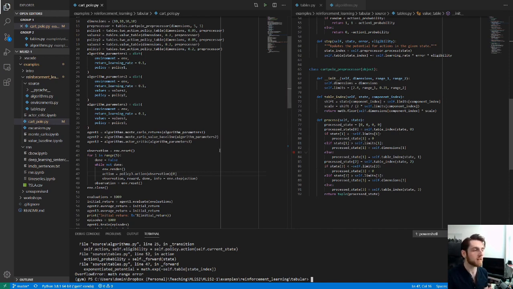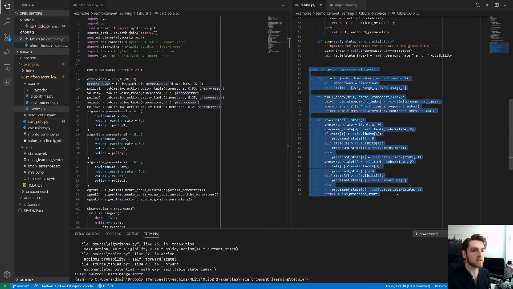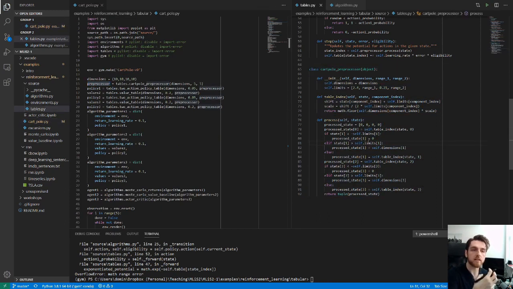So the code for this consists of first having this preprocessor up here, which is defined on the right. And this basically takes whatever the continuous state of the cart pole is and then turns it into a discrete index, which defines which component of the table to use to calculate the current value and choose the action.